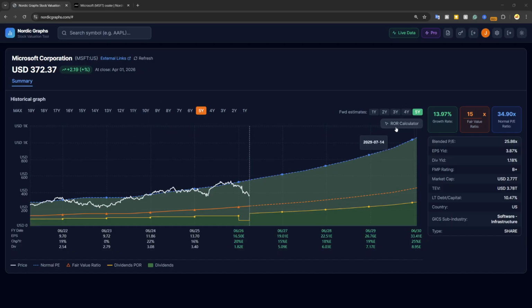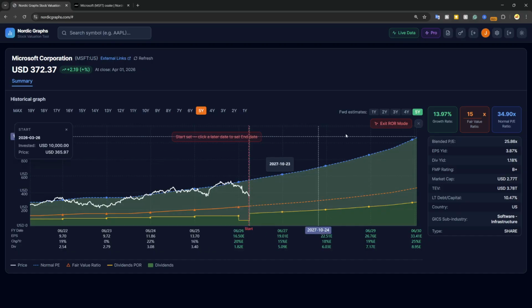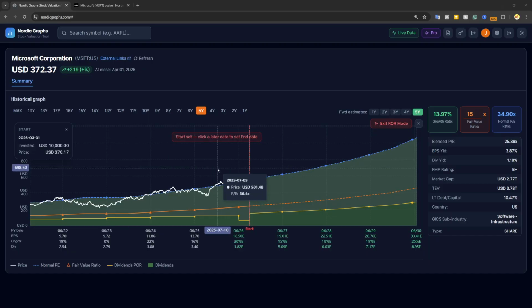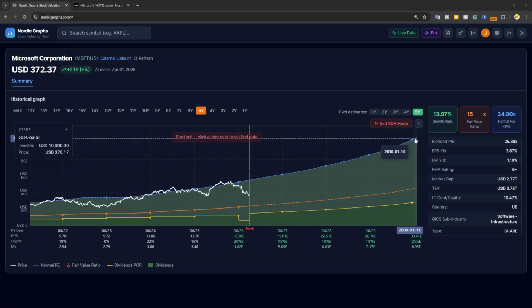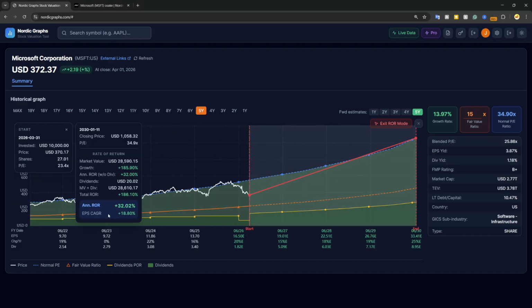We also can use this ROR calculator here, and we can click on the current price. I'll try to hit it as precisely as I can. So here at a purchase price of $370, if we would end up at that normal PE ratio line, we would get an annualized return of 32% per year.